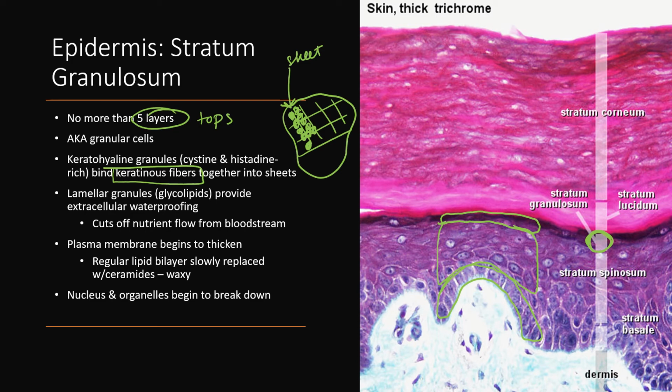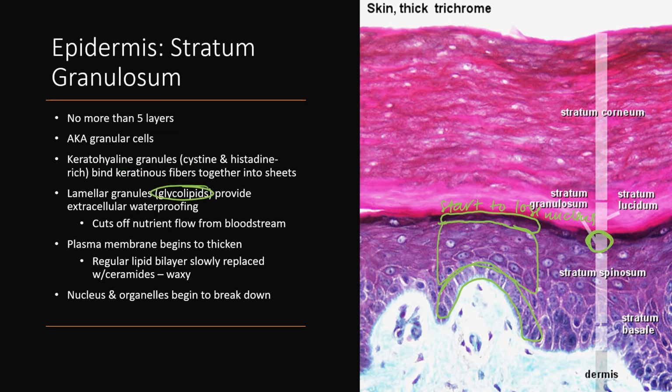Now, because of that, you remember what keratin does to the nucleus? Breaks it down, right? So here you're going to start to lose the nucleus meaningfully. These cells also make lamellar granules, which are glycolipids.